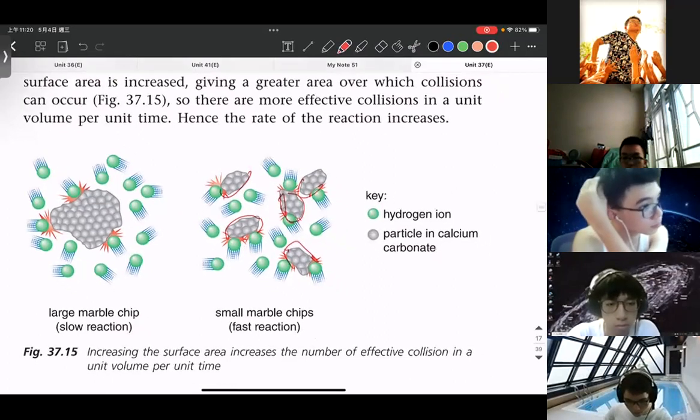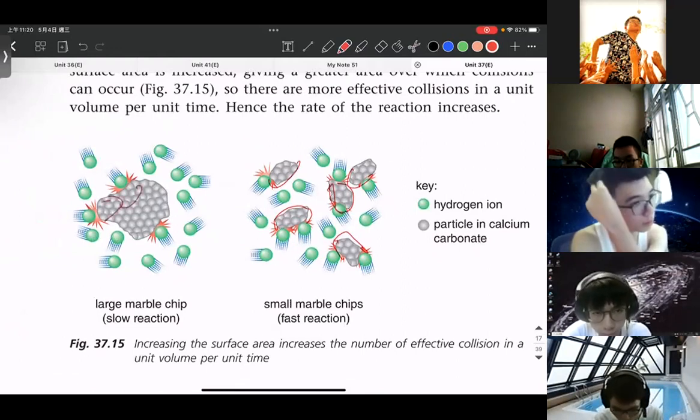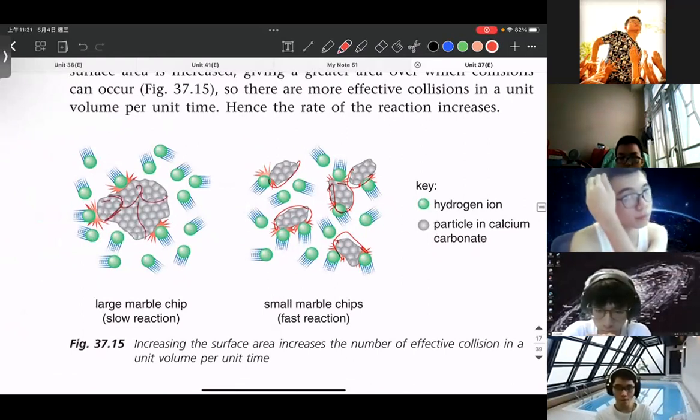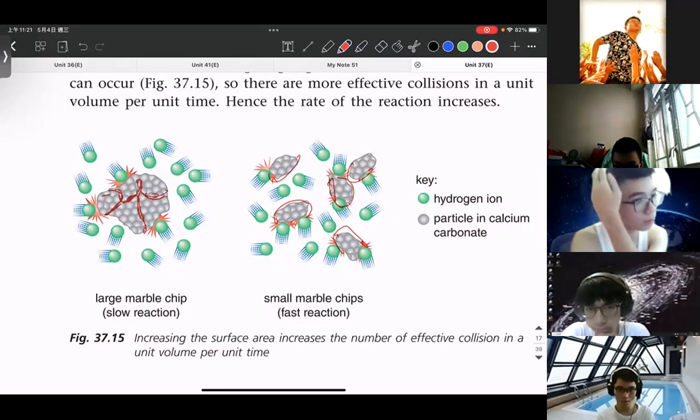When you compare with the big one, you may think of it as fragments of that. So this meeting surface will be more than before. After breaking it down, we will have more surface area to get into contact with the acid.